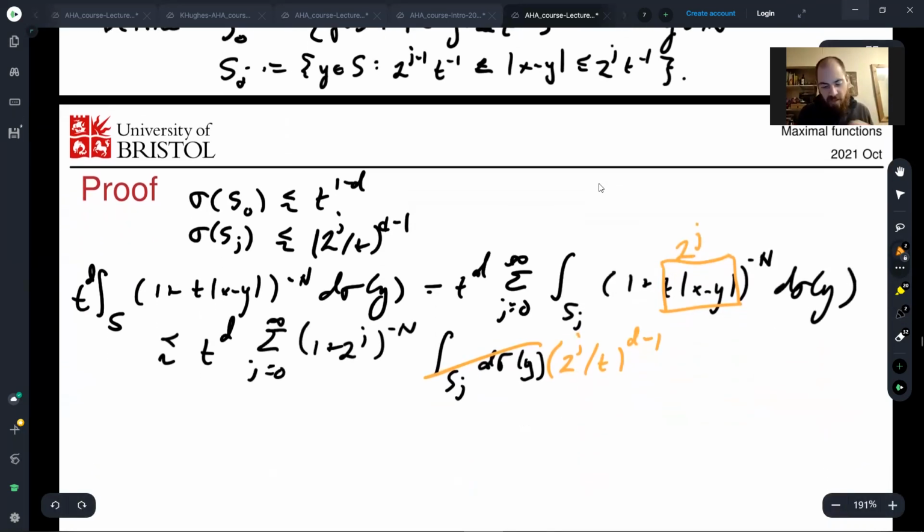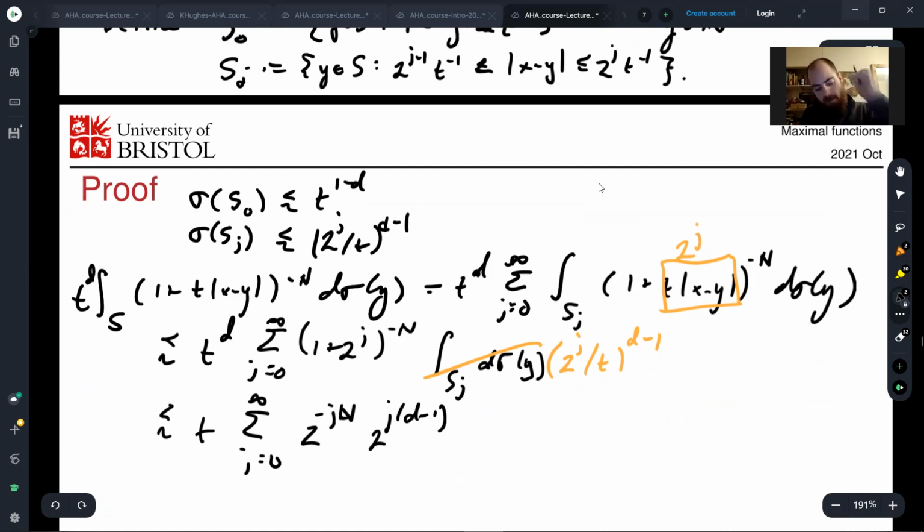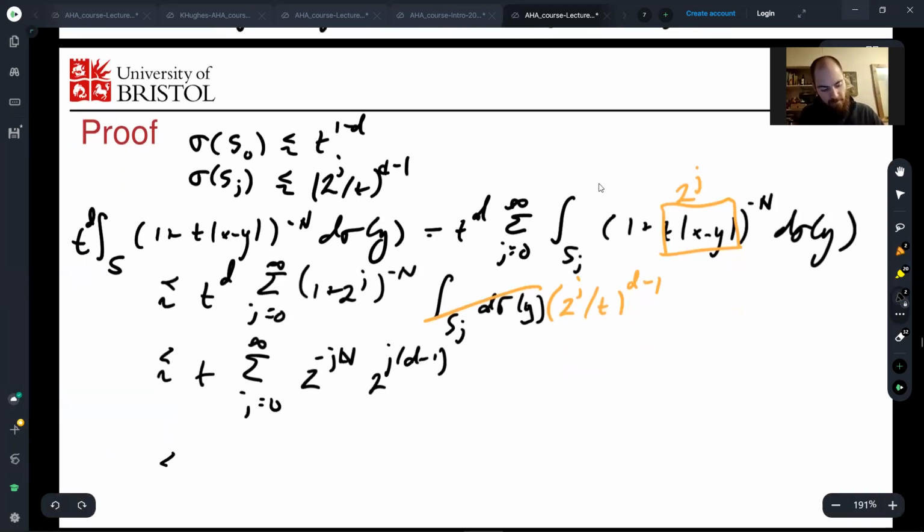And now you see the factors of t cancel each other. So we have t times the sum over j equals 0 to infinity, and then I can bound this by 2 to the minus jn times 2 to the j(d minus 1). But if I just choose n to equal d, anything bigger than d minus 1, this of course is summable. And we end up getting that this is at most t.